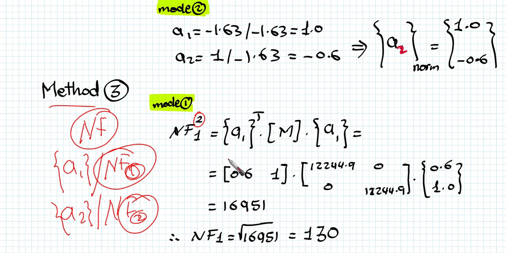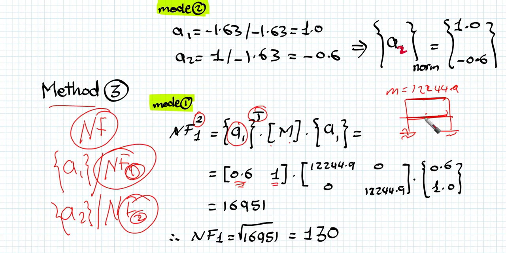So NF1 squared equals A1 transpose times the M matrix times A1. We are going to take the values from the previous example that we explained two lectures before. A1 transpose is going to be 0.6 and 1. This is the transpose, as you can see. Times the matrix M; if you remember, we had 2 degrees of freedom. The masses here were 1.2 and 4.9.